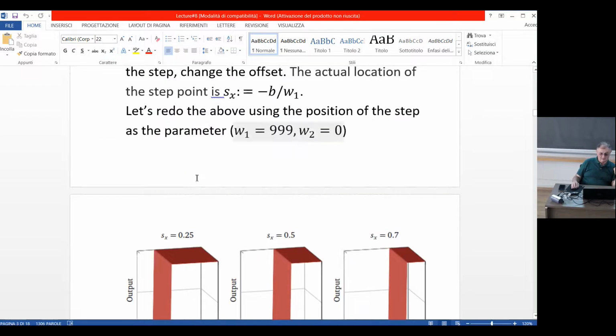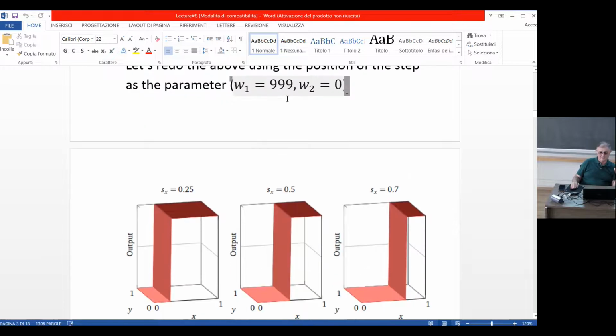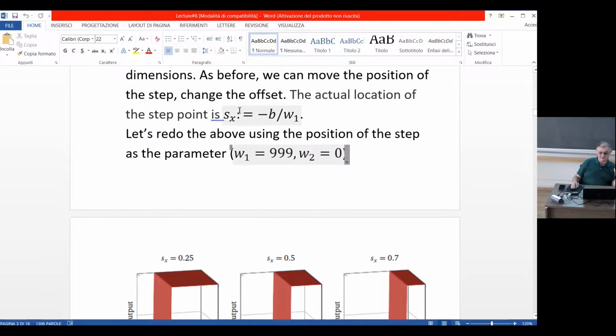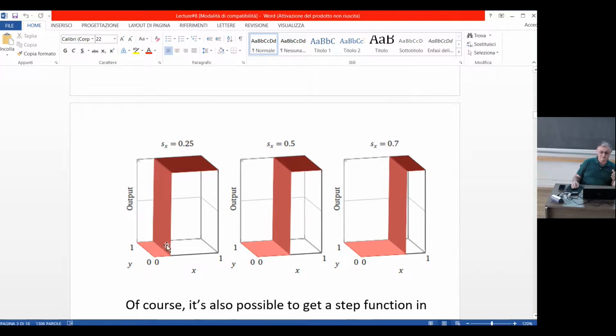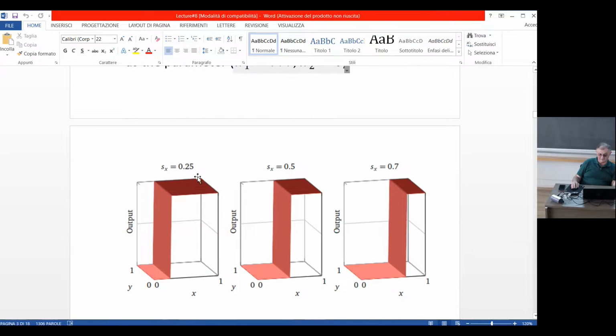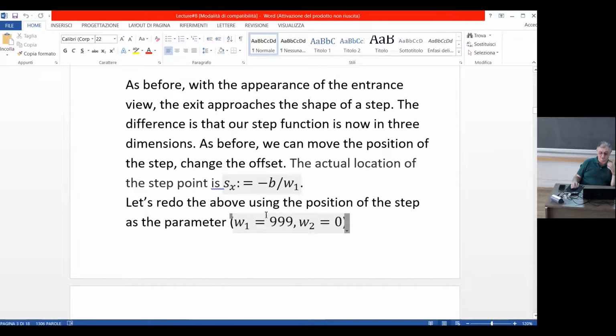If we consider, for example, s_x equal to minus b divided by W1, it means this s_x. We can regulate the position of the vertical increase of this step. Yes, it is 0.25. Then we can change, for example, minus b by W1.